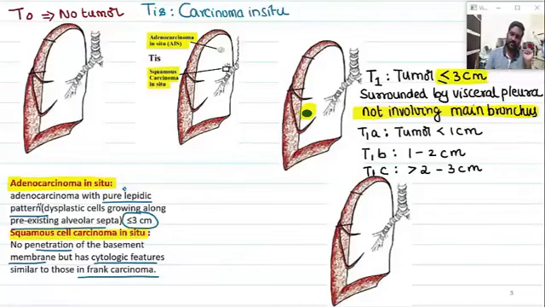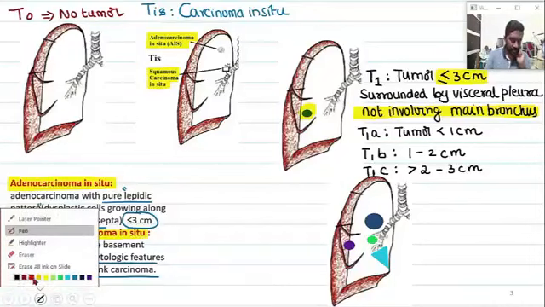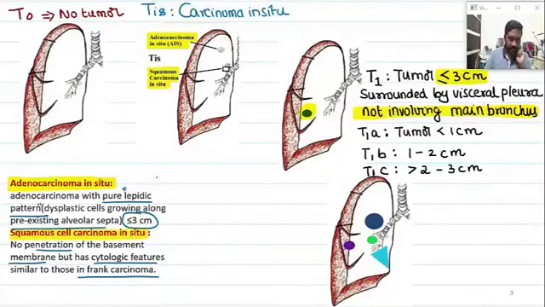Now, if it extends further, we call it a T2 tumor. It can grow in size, and it can also involve some other parts. So what are the features of a T2 tumor? We'll write it with another ink. T2 tumor. First is the size.